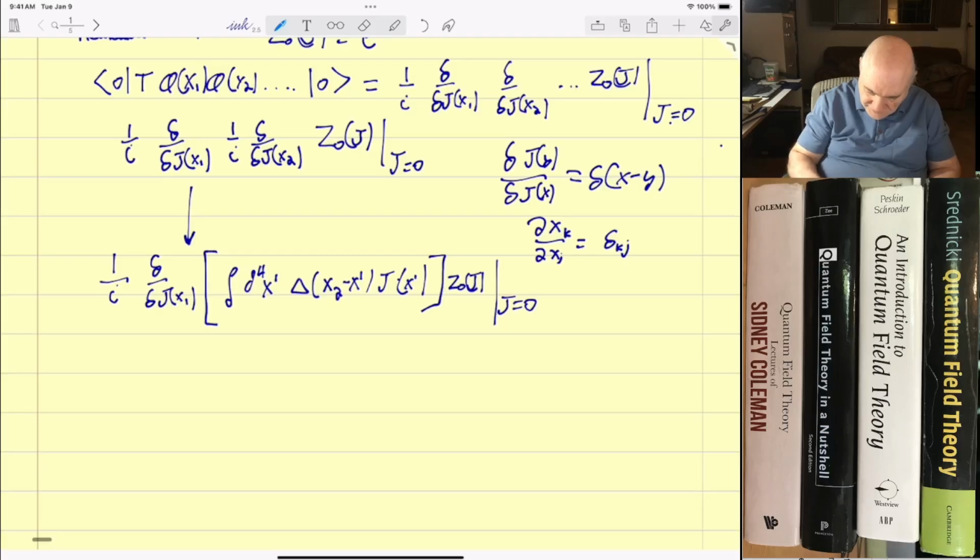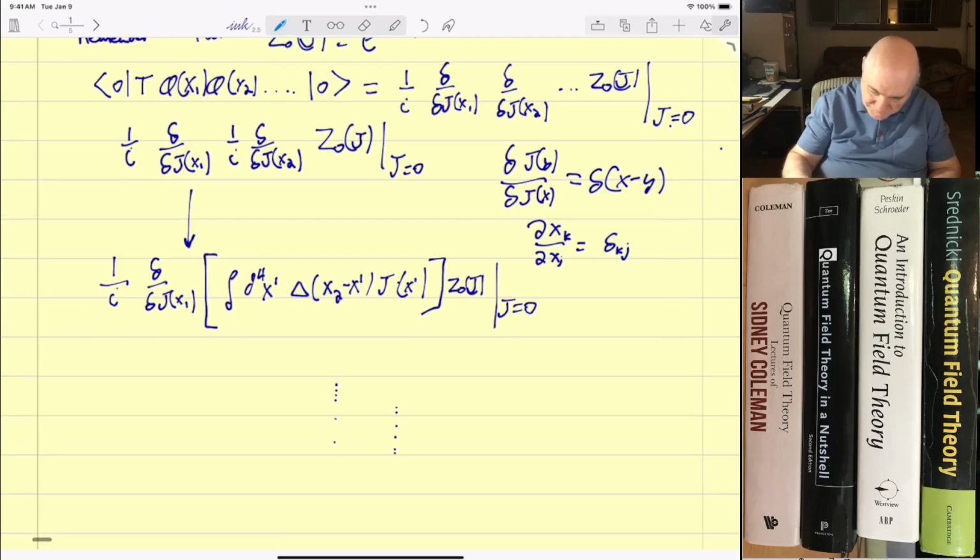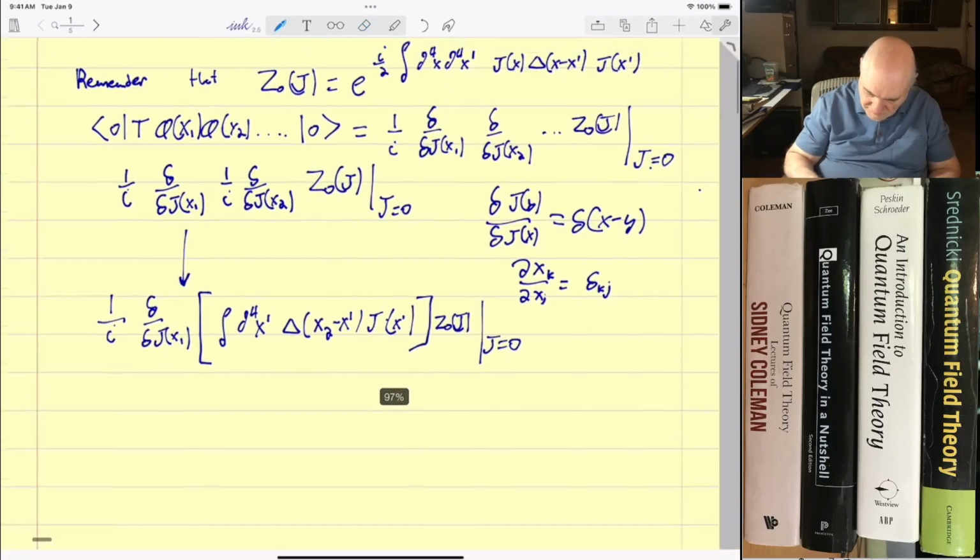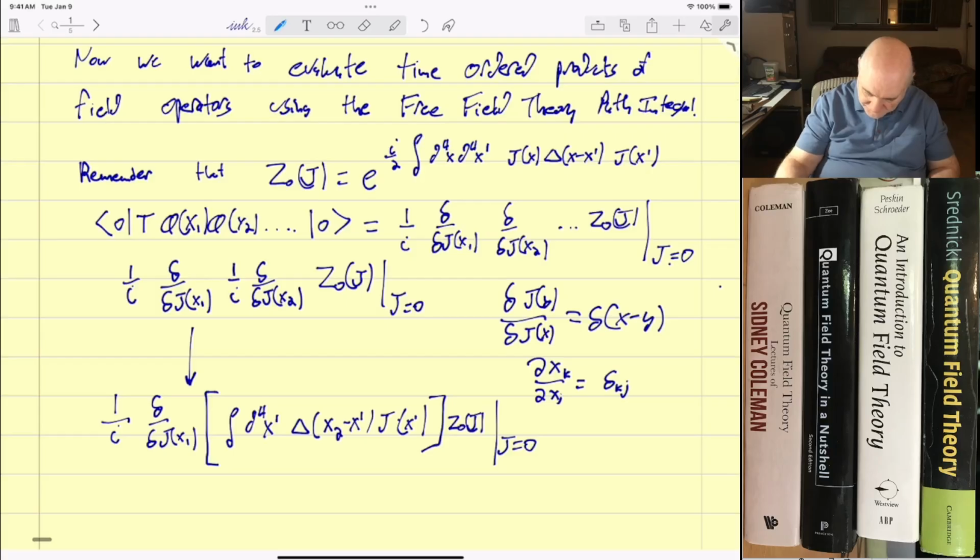So what I did there, I skipped a step. When we take the functional derivative of Z0[J] with respect to J(x2), we have an exponential, so we're always going to get back that exponential.